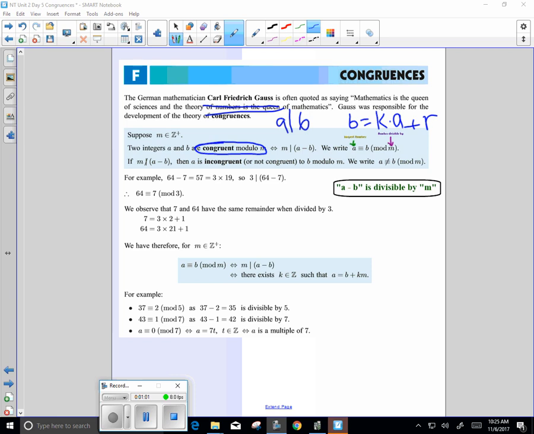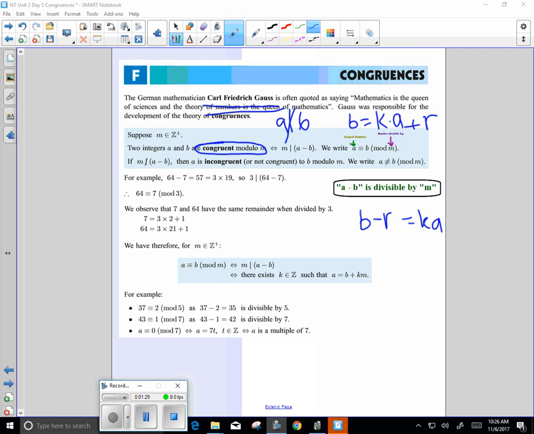So if it's not divisible, it's going to be this plus a remainder. Well, you could say that B minus R is equal to KA. Is that correct?